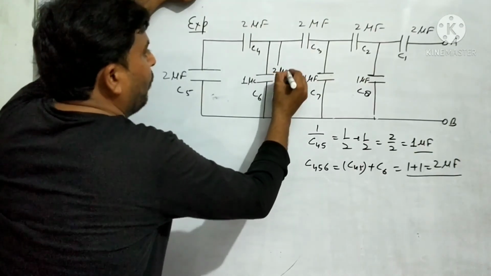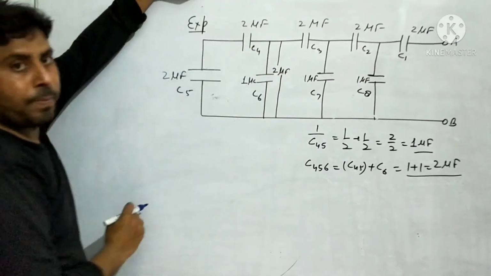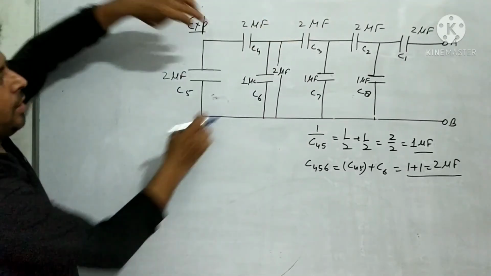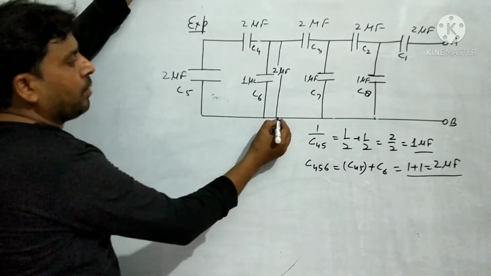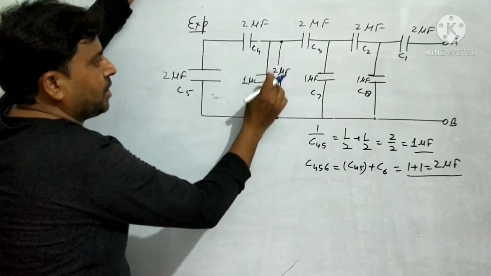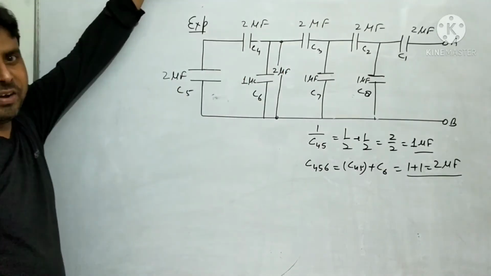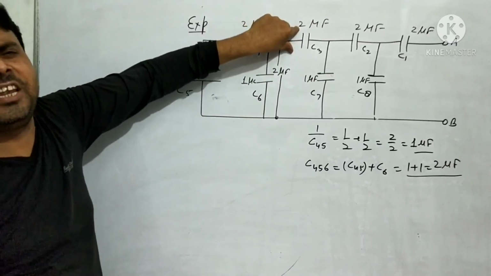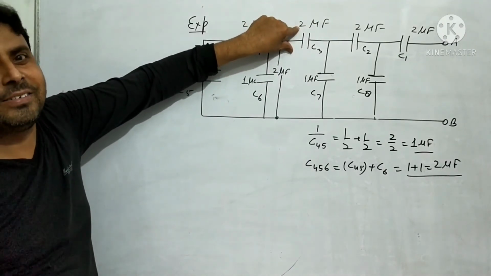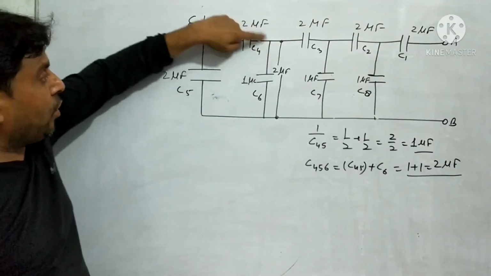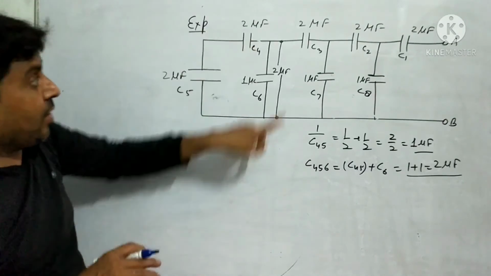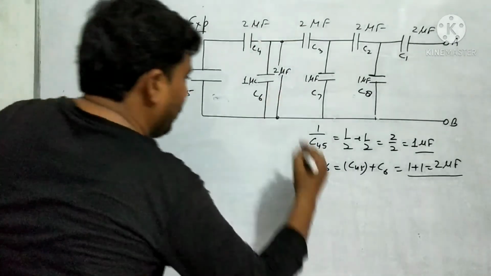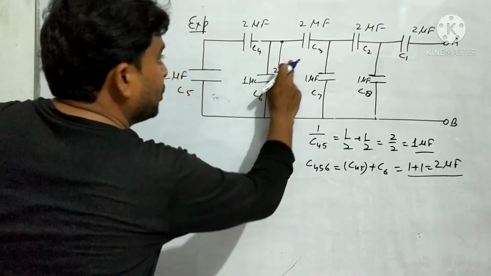Now there is no need of this circuit. What is the net capacitance of the complete circuit? 2 microfarad. Such 2 microfarad of the whole circuit connects with this one again in series. Then 2 microfarad means series.